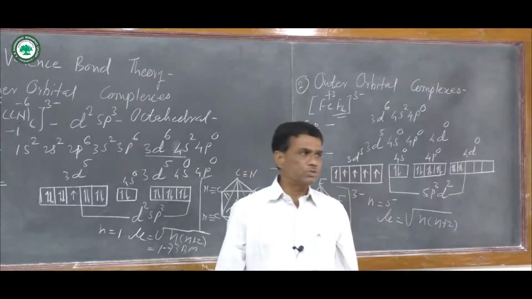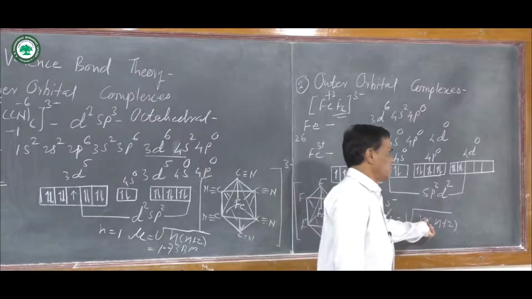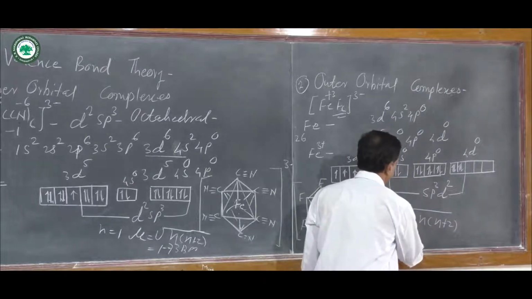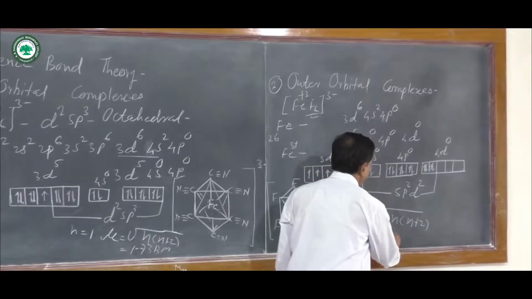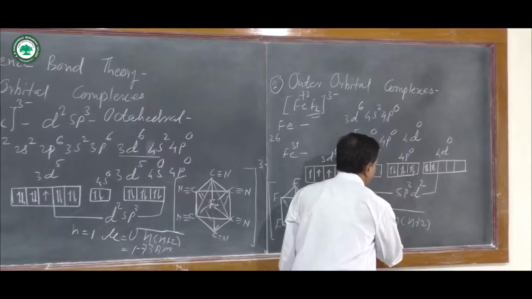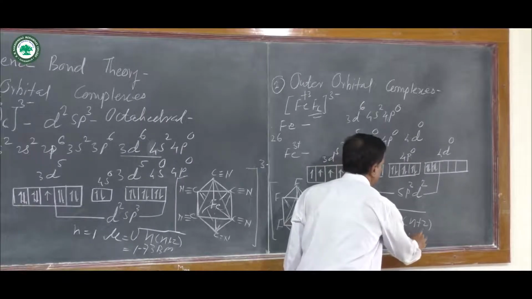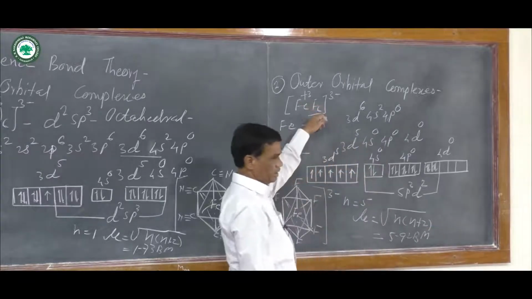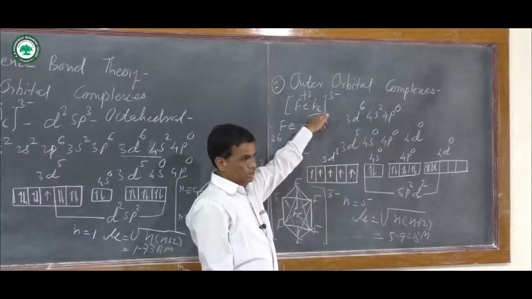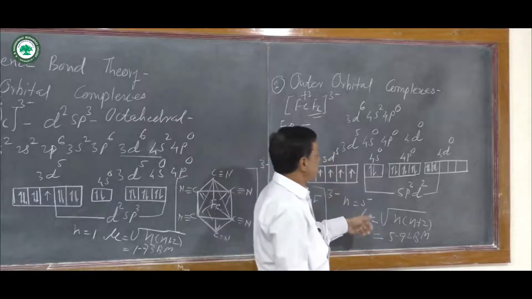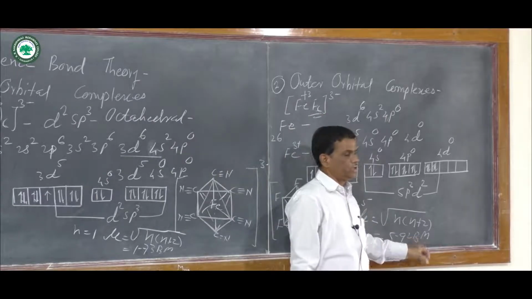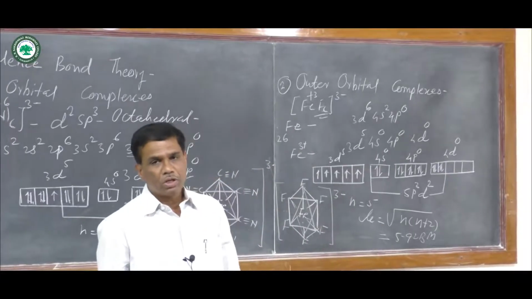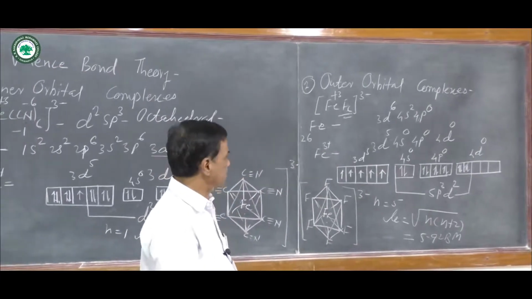That is the square root of 5 multiplied by 7, which is the square root of 35, and that value is about 5.92 BM. If you prepare this complex ion and measure the magnetic moment, it is around 5.92 BM, and this is the example for the outer orbital complex.